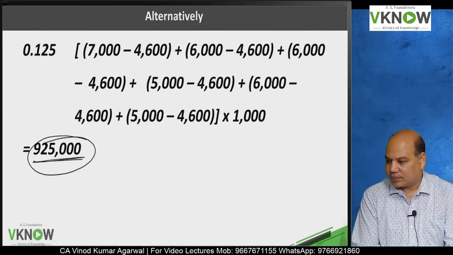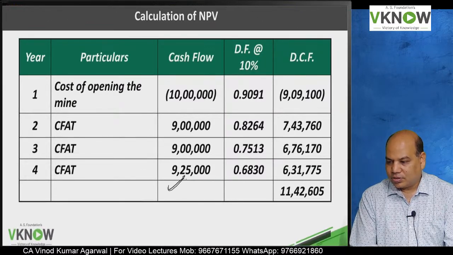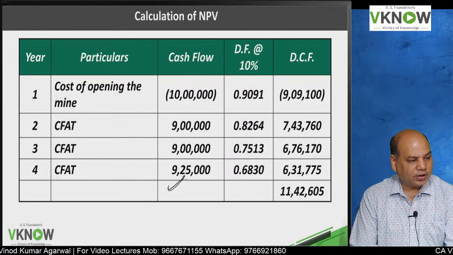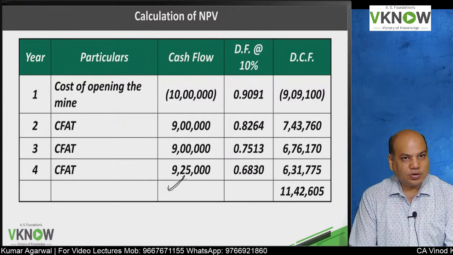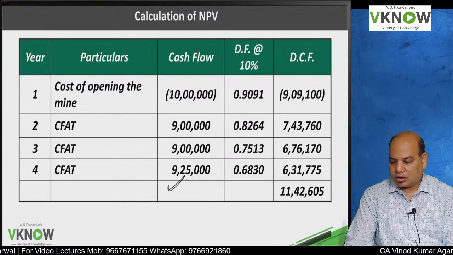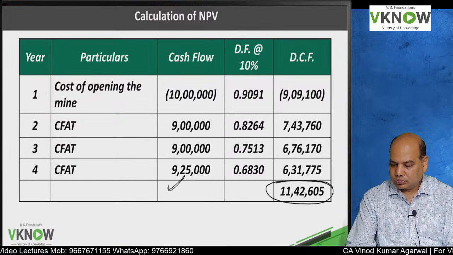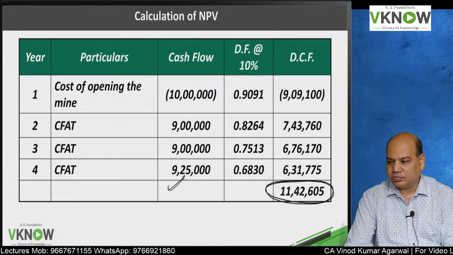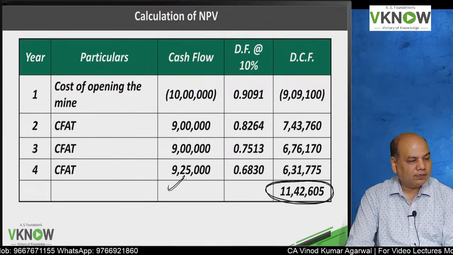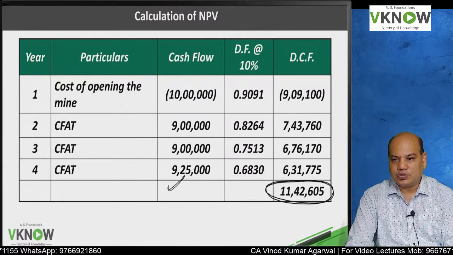Any query on this? Now we'll go back to main page. Write down 9,25,000 and please solve. Compute the NPV. 11,42,605.